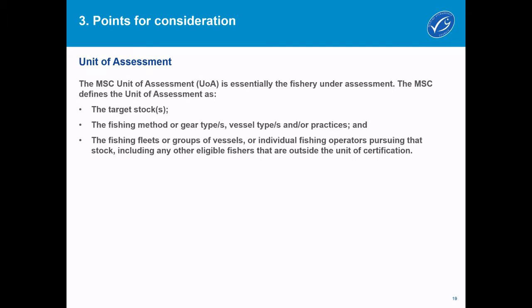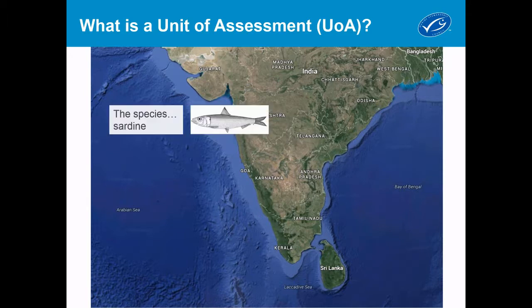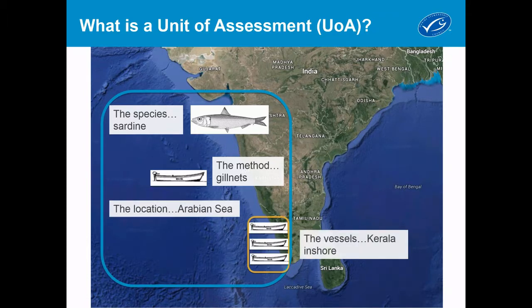So essentially, it's target stock, method, and your fishing fleet, your vessels. And here's just a little visualization of that. So you've got your stock, you've got your method, you've got your location, and you've got your vessels, and that essentially is your unit of assessment.